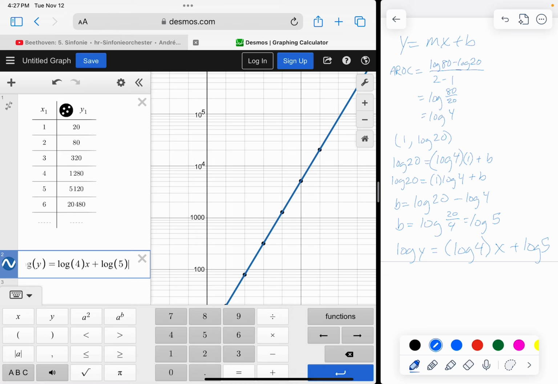Okay, so now let's think about this in the world of exponential functions. We know that if we have a line in a semilog plot, that relates back to an exponential function.